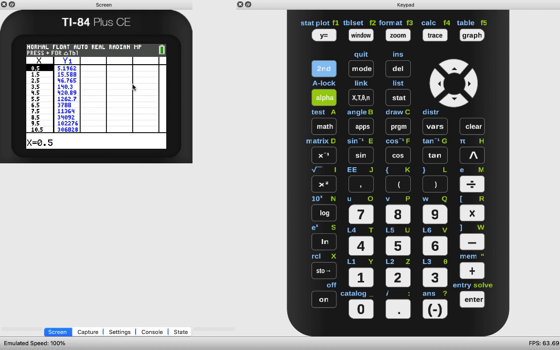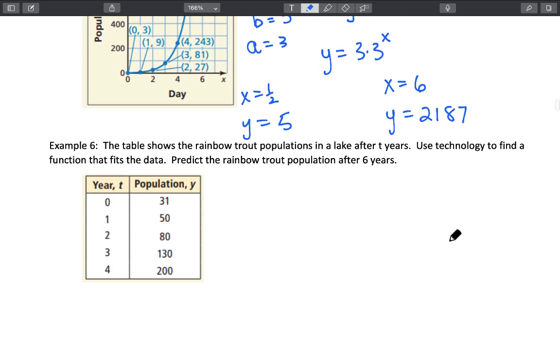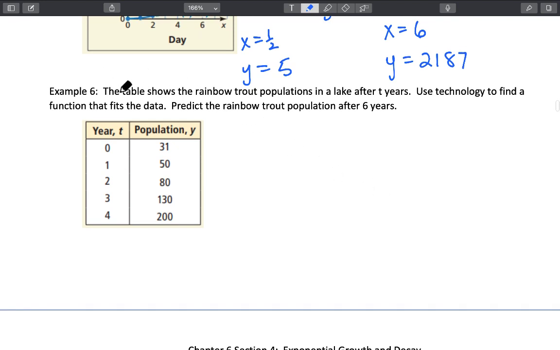We'll round that down to make sense so that it's 5. All right, keep in mind you could have evaluated those by hand as well by substituting those two values in for x. Here we're going to say our bacteria was 5 at half a day, and here our bacteria was 2,187.